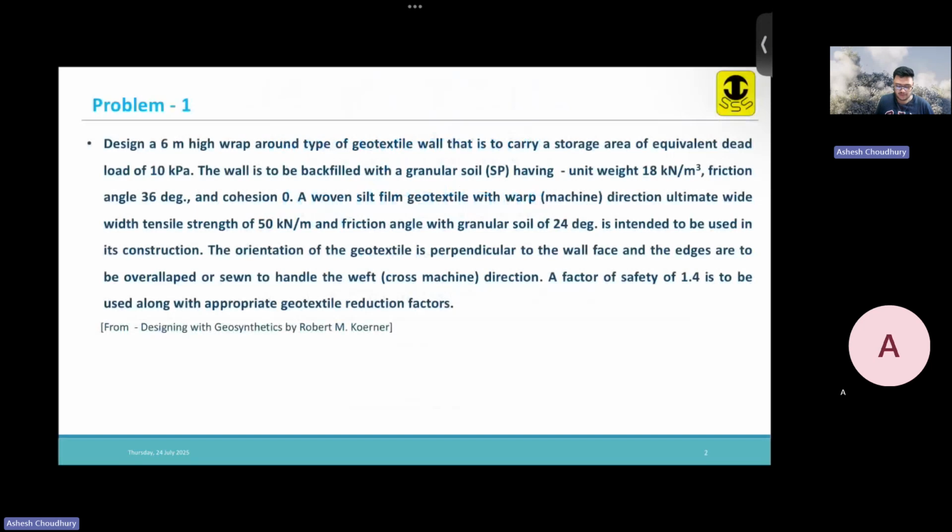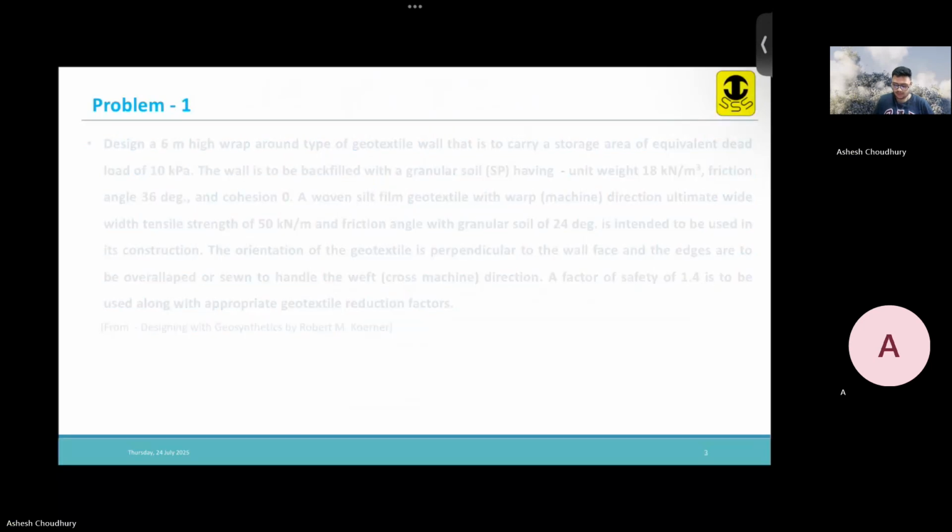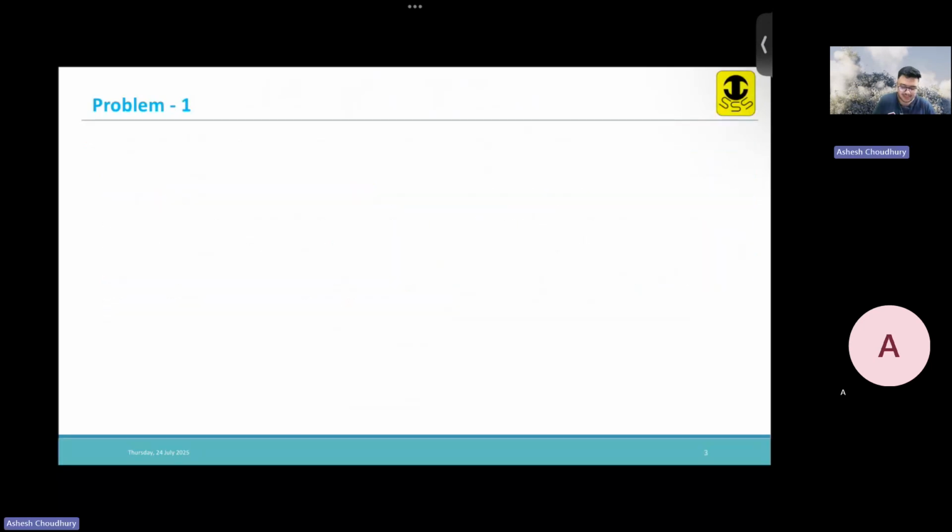So let us see, what will be our first step? Our first step is to determine the horizontal pressure at any depth. Let me write it here.